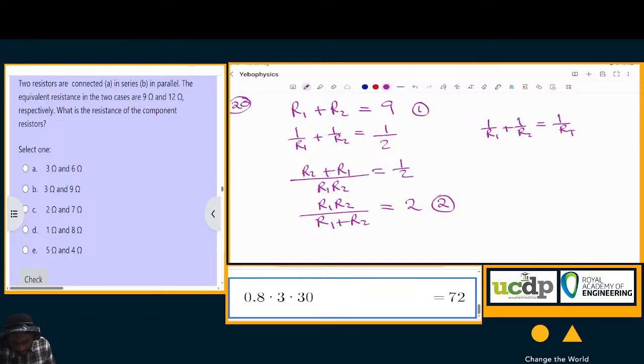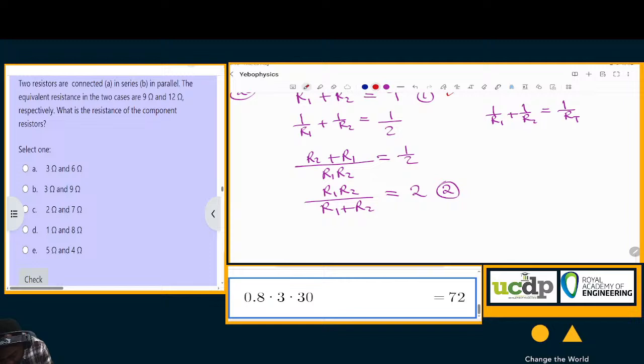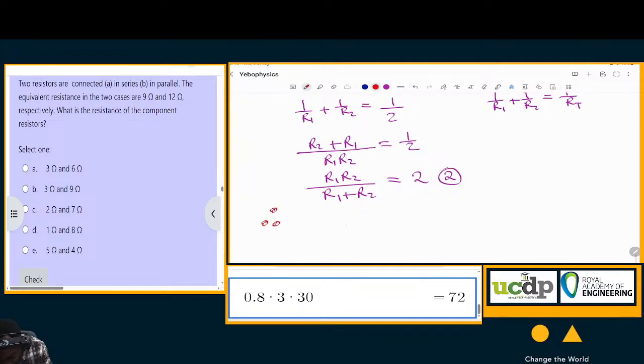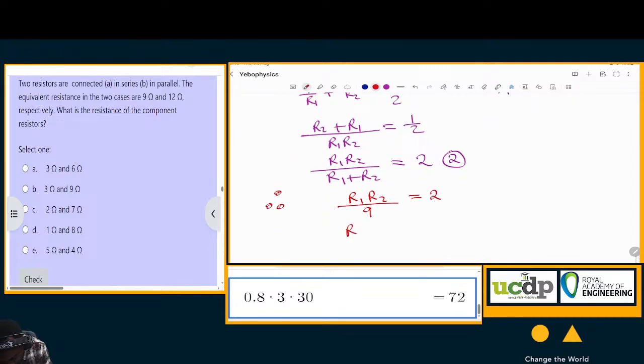R1 plus R2 is equal to 9 from this equation. Therefore, your R1 R2 over 9 equals to 2. So which means R1 R2 is equal to 18.